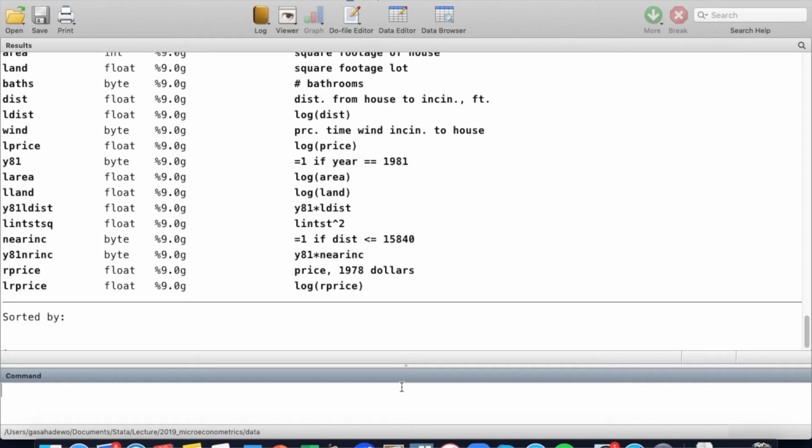DID specification. So we're going to do a linear regression of log price on a dummy year, y81, which is equal to 1 if it's in 1981, 0 otherwise.